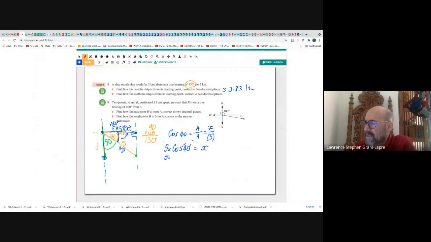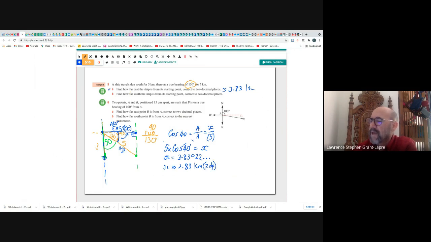So x is equal to about 3.83022, and it continues, which to 2 decimal places, because the question wanted 2 decimal places, is 3.83 kilometers. And in brackets, I'm going to say 2 decimal places.